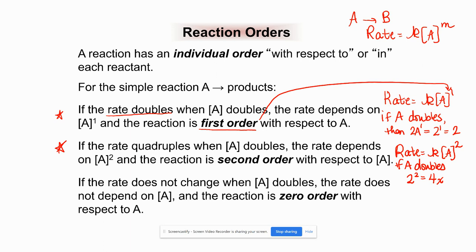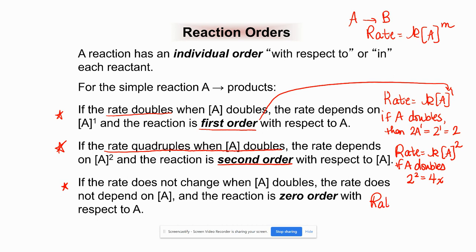So the rate will quadruple when A doubles if it's second order. Okay, so that's a common scenario, that if we double the concentration, the rate goes up 4 times, then it would be said to be second order.